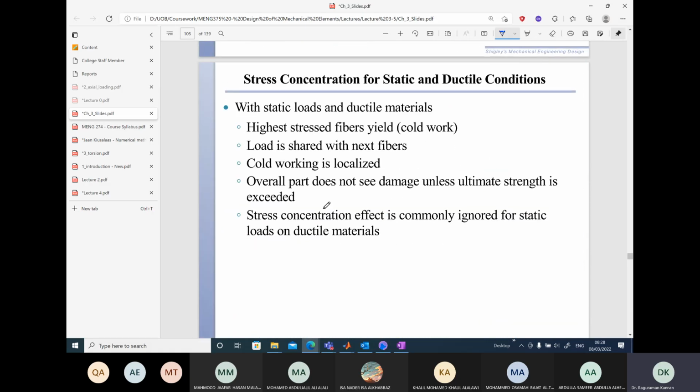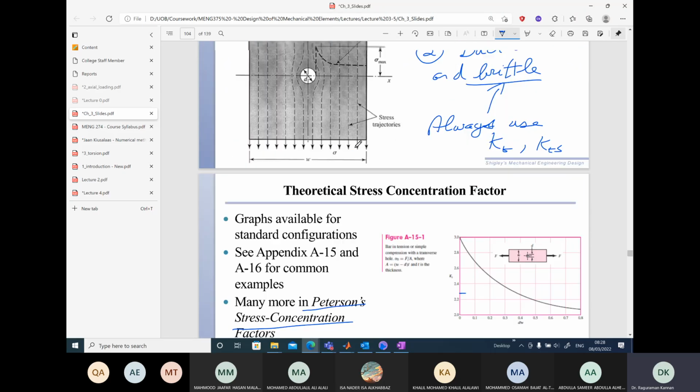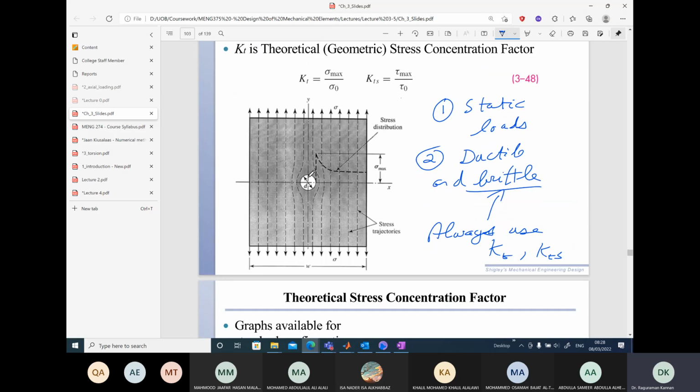Okay, so let's see here. The same discussion that I said is given here: with static loads, ductile materials, the highest stress fibers yield first. So in the previous case where we have the hole here, the highest stress appears near the hole, and these fibers are subject to plastic yielding first, and then it starts to spread out.